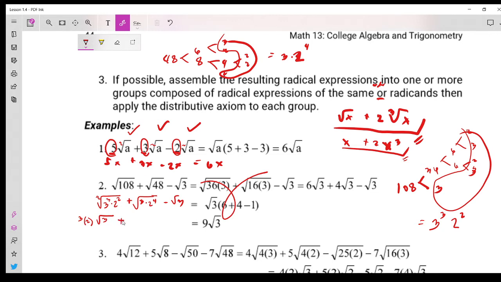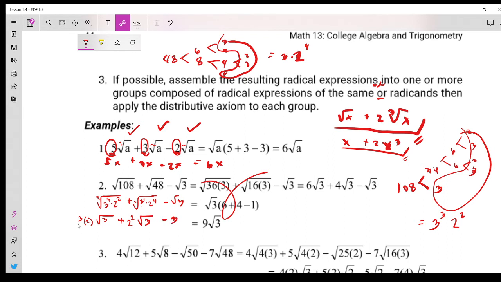And then plus, this 3, we cannot do the remainder thing for 3 because its exponent is 1 and the index here is 2. 1 is less than 2. So here, 4 divided by 2, it's 2 remainder 0. So meaning two 2's outside, no 2 inside, leaving 3 here, and then minus 3.